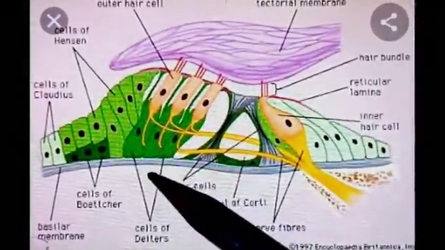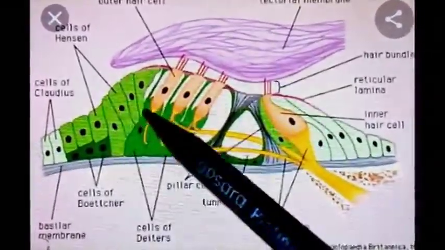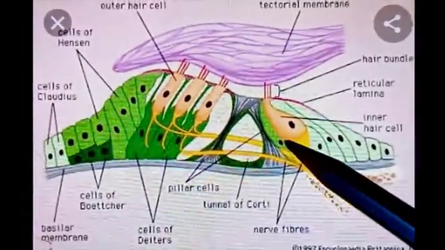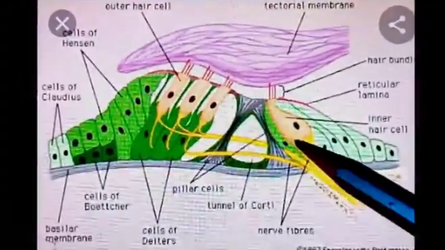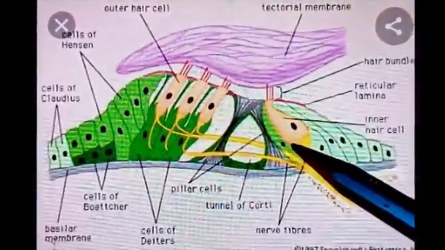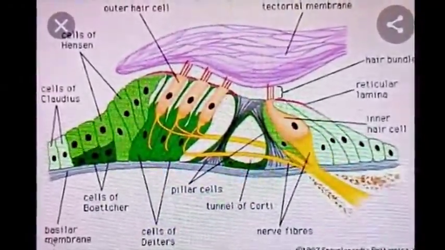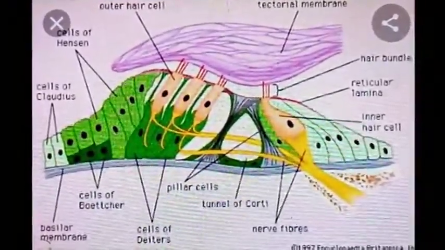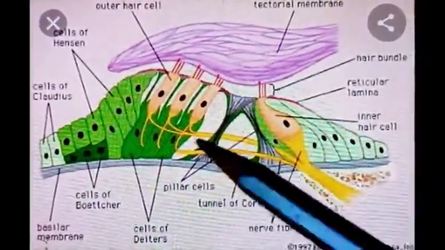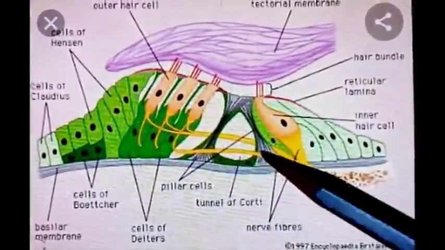So the organ of Corti mainly consists of hair cells. Hair cells are sensory receptors of the auditory system which receive the sound waves. These generate nerve impulses in response to sound waves.